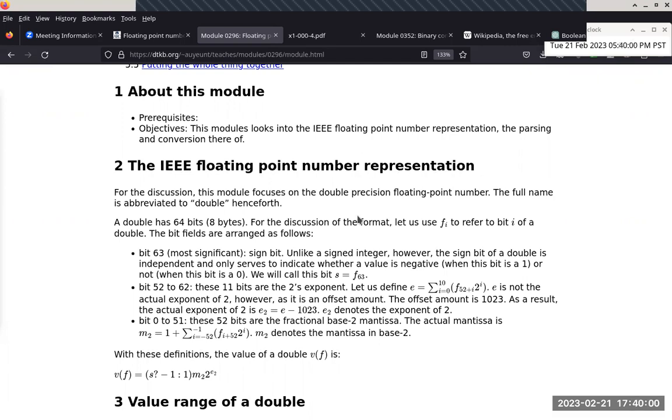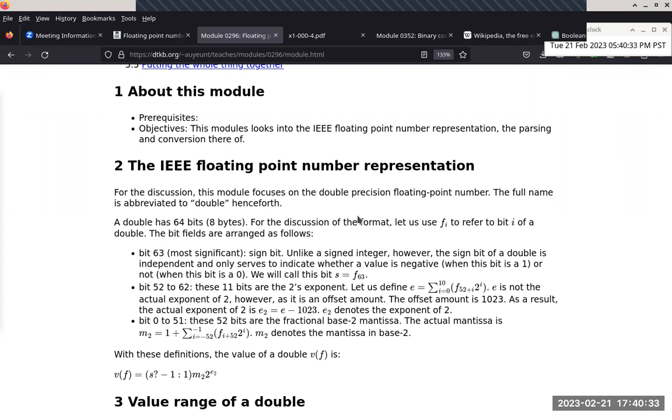The value that it is actually representing is whatever this sigma notation is, minus 1023. So now with that biased amount, the most negative value for E2 is negative 1023, and the most positive value of E2 is 1024. This is how we can have a negative range of numbers as well as a positive.